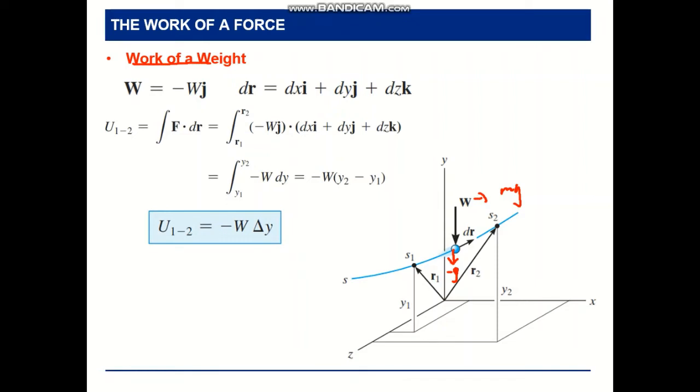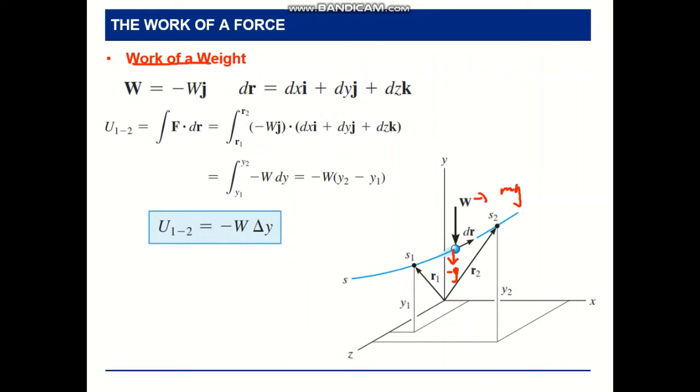If we multiply this with dr, which in Cartesian form is the change in x direction times i, the x direction unit vector, plus the change in y times j, the y direction unit vector, plus the change in z times k, the z direction unit vector.